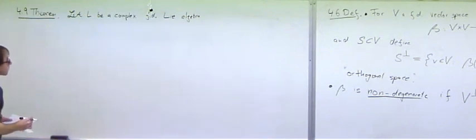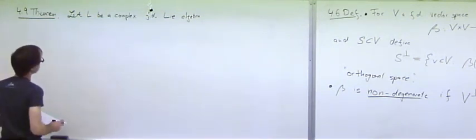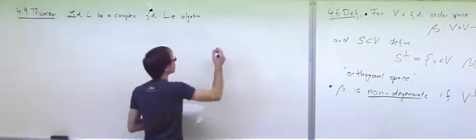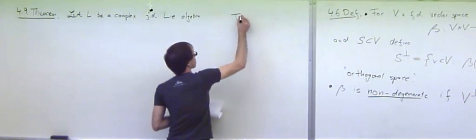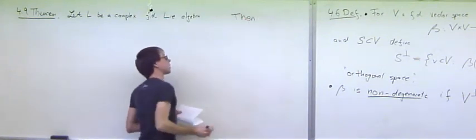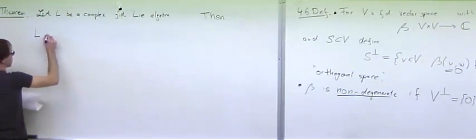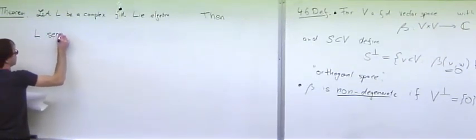Then we defined the Killing form, a symmetric bilinear form on L, and we can find out whether L is semi-simple.